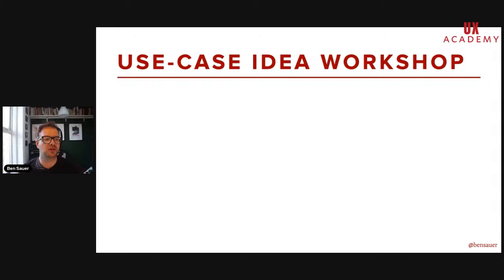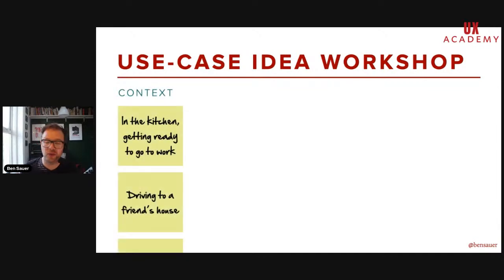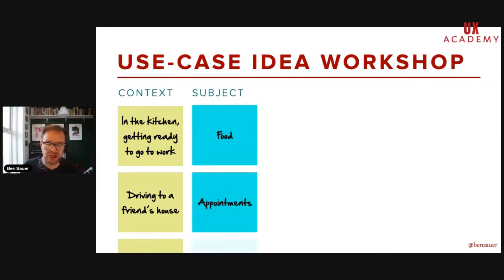And then we'll start to identify all of the little things that voice might be able to help with throughout that day. So how we do that is that we start to gather context or environments that the person is in. So it might be in the kitchen, getting ready to go to work, or driving to a friend's house. And then we take subject matters. These might be market specific, or in this case, they're very general.